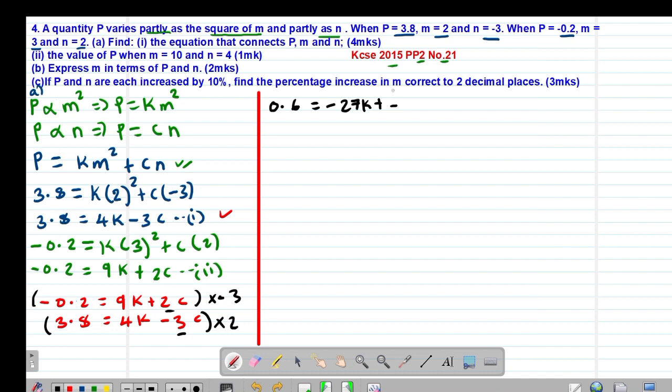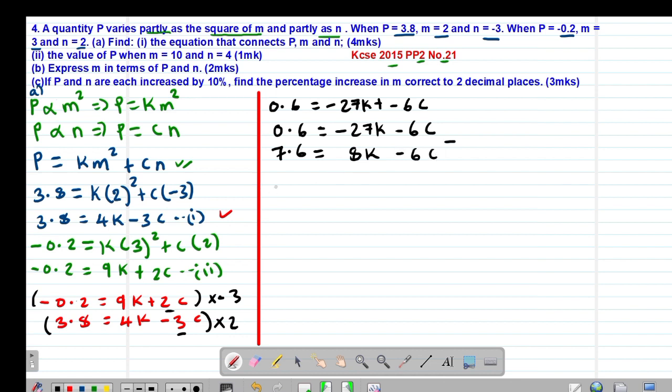Then if I multiply the second equation, 3.8 multiplied by 2, I'm going to get 7.6. So 7.6 being equal to 4K multiplied by 2, which is positive 8K, then 2 times negative 3C, I'll get negative 6C.